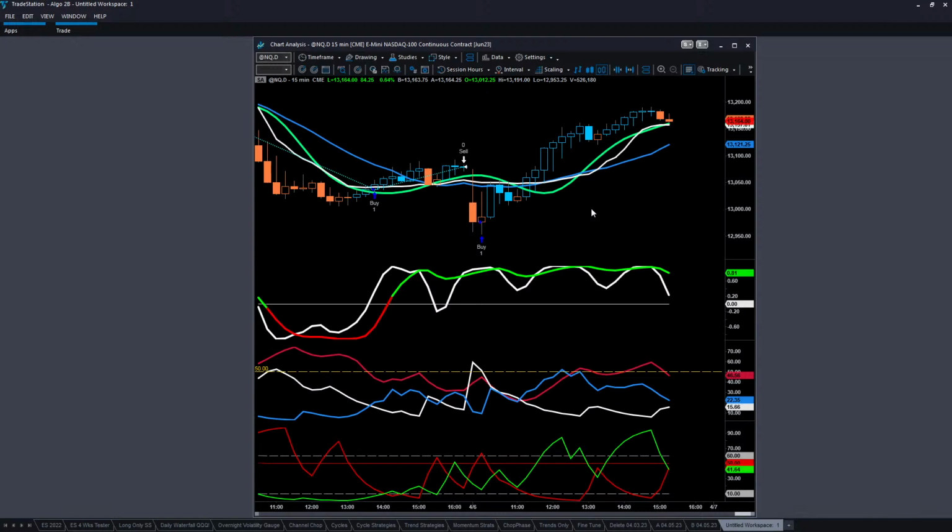And so when you're testing your indicators, yeah, you're testing them on back data just to look at robustness, but you want to forward test them as well. And you want to make sure you have a platform like TradeStation that allows you to do that. Platforms, for example, like Thinkorswim don't have that capability.